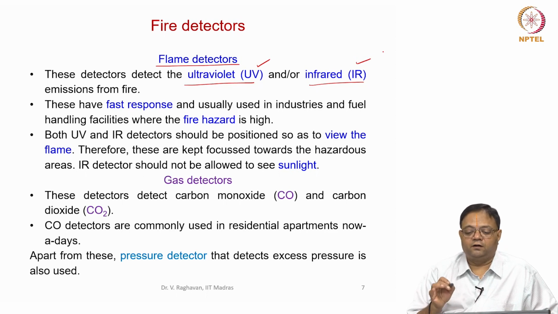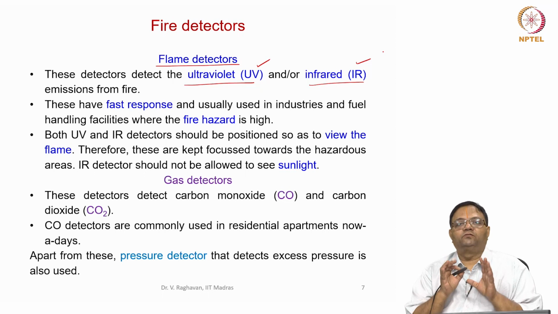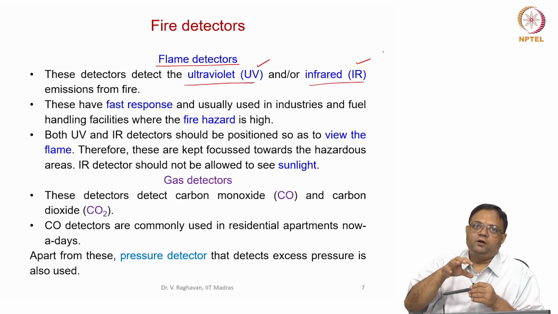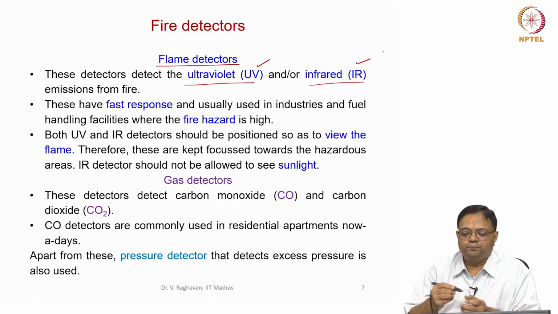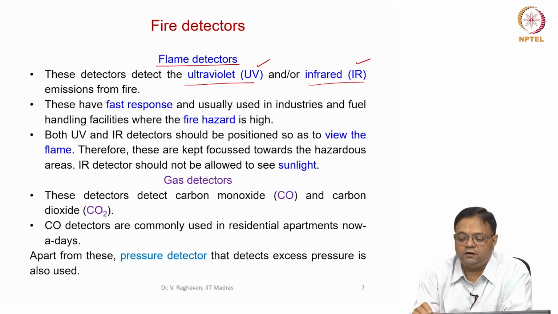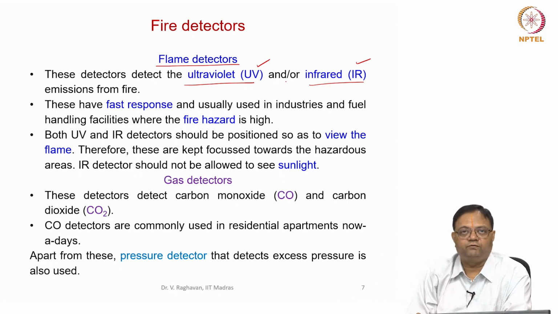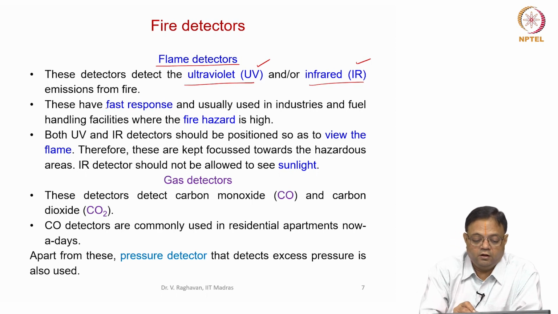If a detector can visualize a flame, at least focus its attention on a flame and get the intensity of the ultraviolet or infrared emissions, then that can be used to detect the location of the fire or the fire itself.